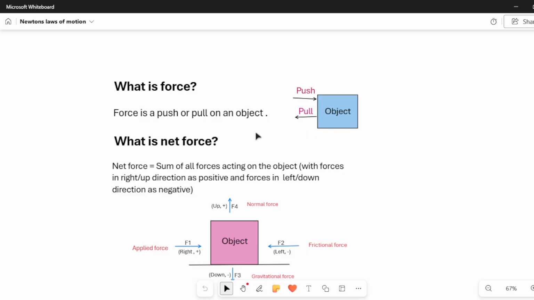Because of this push or pull, your object can move, its speed can change, the shape of the object can change, anything can happen to the object. So this push or pull on an object, which is felt by the object, is what is called force. Now you're clear with force.